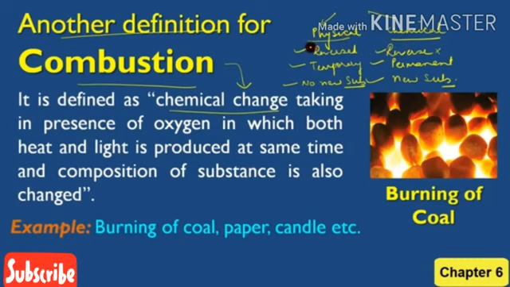So, combustion is particularly a chemical change. Combustion is a chemical change taking place in presence of oxygen, in which both heat and light are produced at the same time, and composition of substance is also changed.